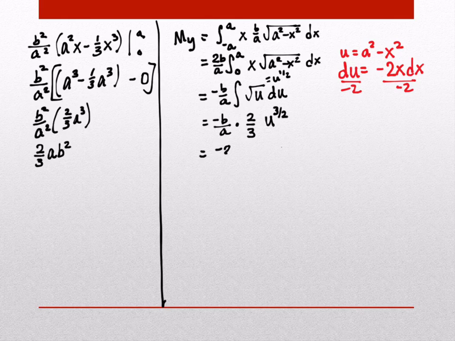So this is, well, let's write it. This is negative 2b over 3a, and then it's the square root of a squared minus x squared, cubed, evaluated at a and at 0.